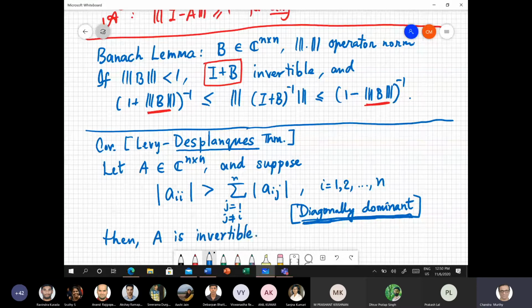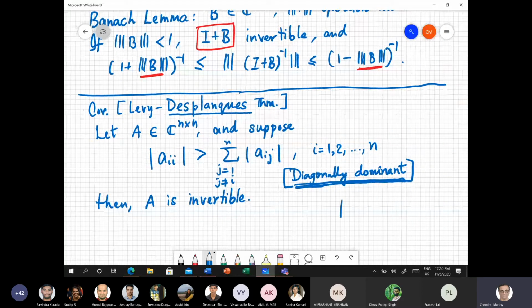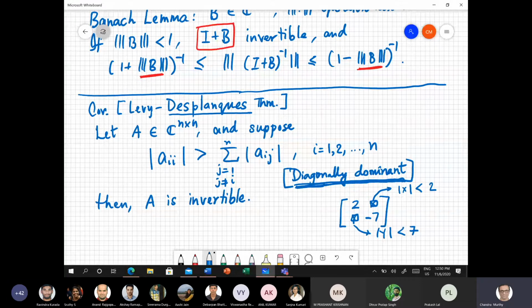This is interesting because what it says is, if I take a 2 cross 2 example, let's say, and just for fun I write 2 and then 7 here. Now, for variety I'll say -7 here. I'm allowed to write any number here and any number here, with the only requirement that the magnitude of this number, which I call x, must be smaller than 2, and this one, which I'll call y, must have magnitude smaller than 7.